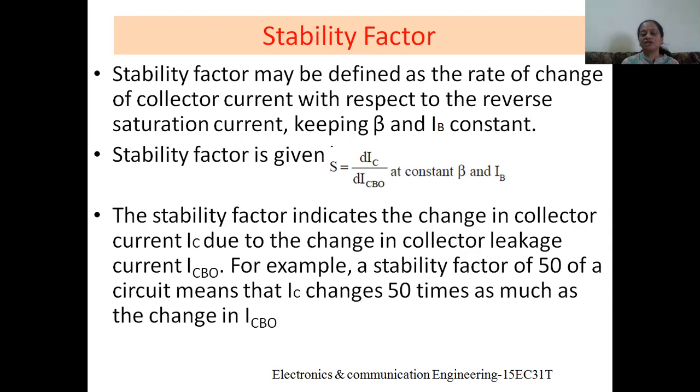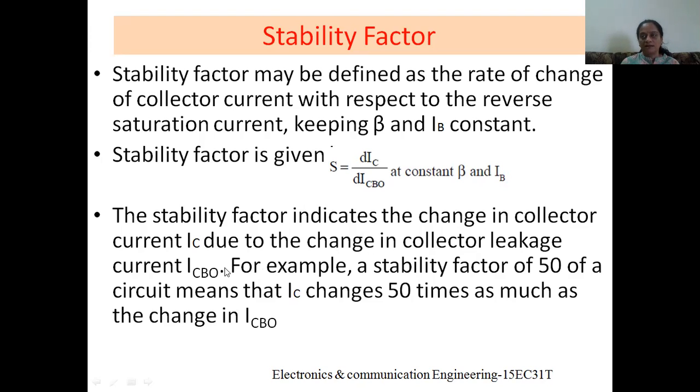This heat in turn changes ICBO, that is the reverse saturation current. So the stability factor is the rate of change of collector current with respect to the reverse saturation current, keeping beta and IB constant. What is the change in collector current with respect to the change in reverse saturation current is measured by the stability factor.